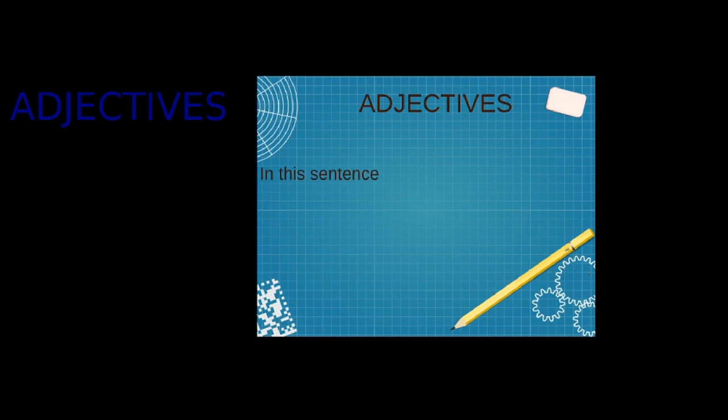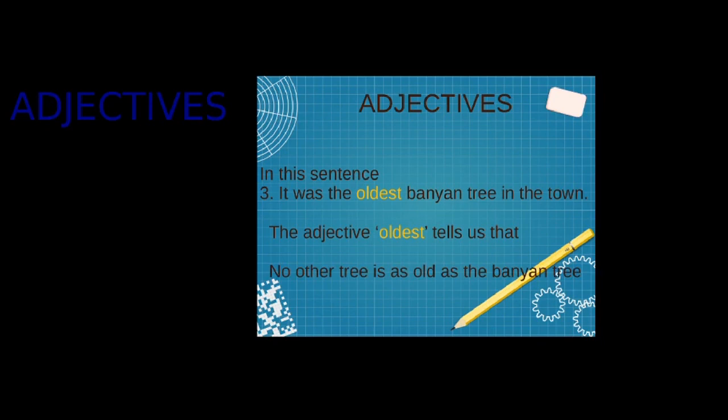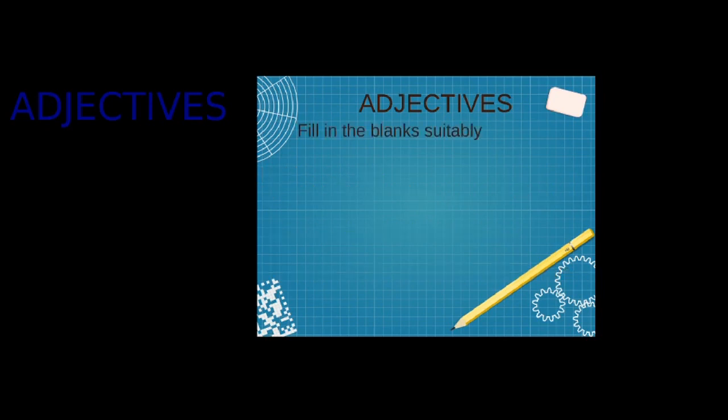And in the third sentence, it was the oldest banyan tree in the town, the adjective oldest tells us that no other tree is as old as the banyan tree. That means it is comparing this banyan tree to all the other trees in the town. Okay, now you have some exercises.